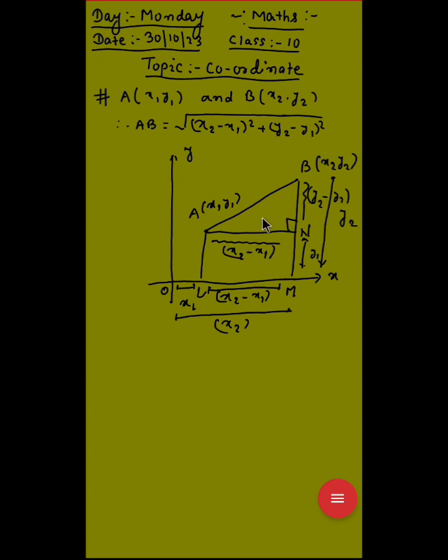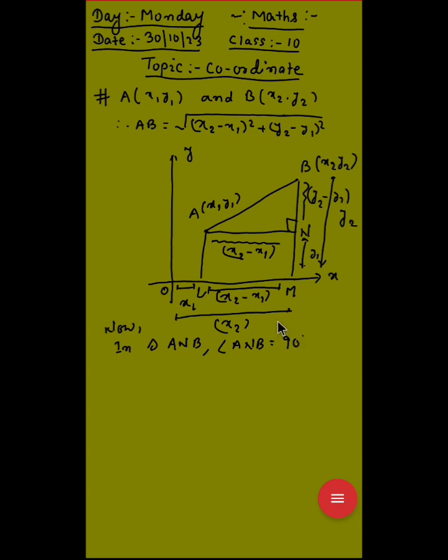Now simply we are going to use the Pythagoras theorem in this triangle. You can see that we have a triangle A, N and B. So in triangle ANB, angle ANB is equal to 90 degrees.